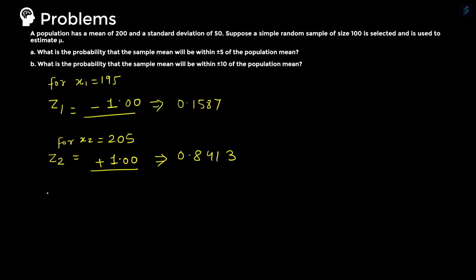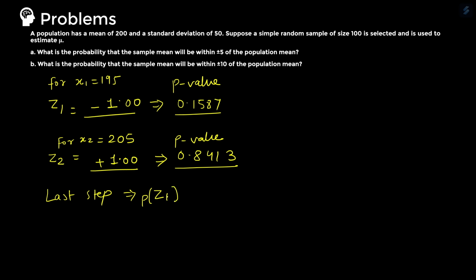Alright, now we are left with the last step. After calculating the p-value, this is our probability value, what we do is we subtract: p of z2 minus p of z1, meaning that we subtract this value from this value.